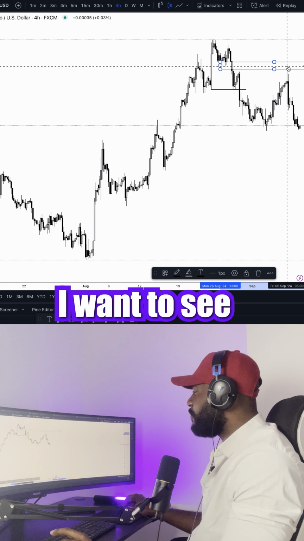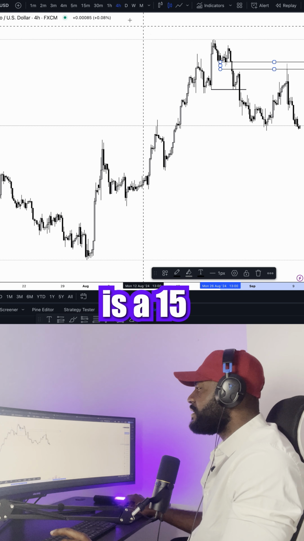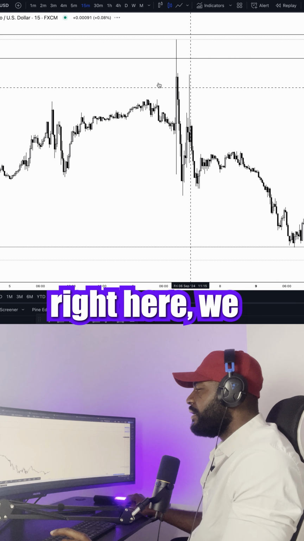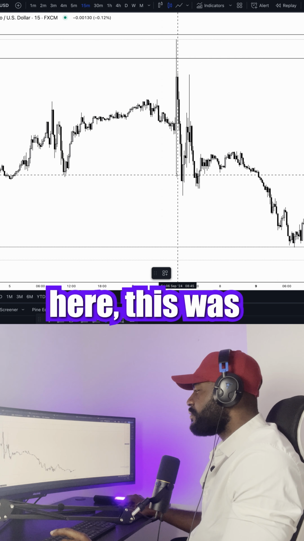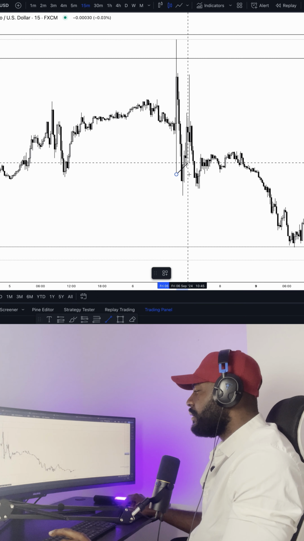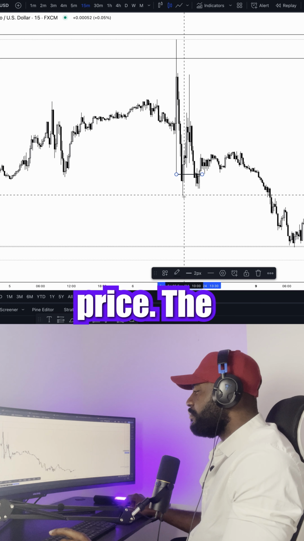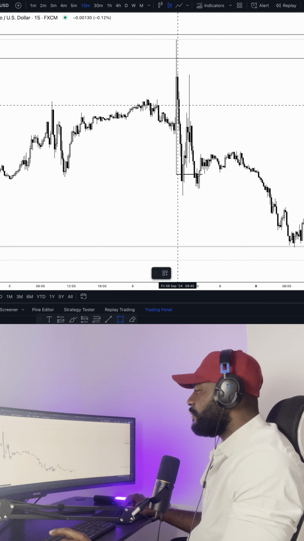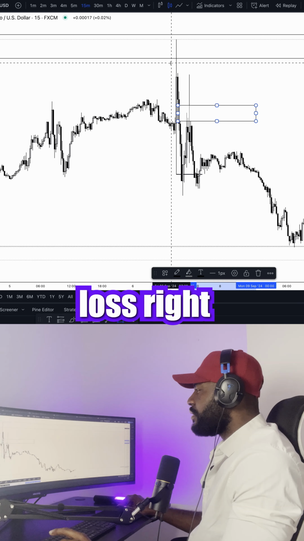The next thing I want to see after a run into this inefficiency is a 15 minutes break of structure to the downside. Right here we go to the 15 minutes time frame. You can see right here, this was the low, and the moment we broke that structure, this inefficiency right here would be my entry position, with stop loss right here.